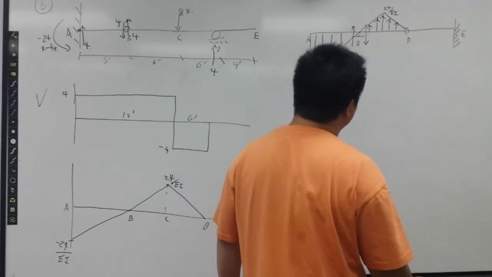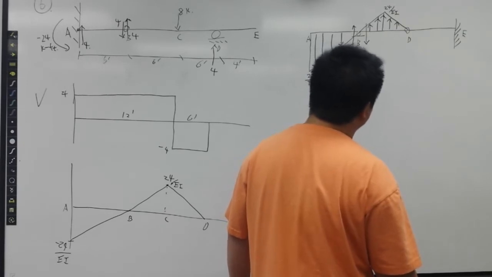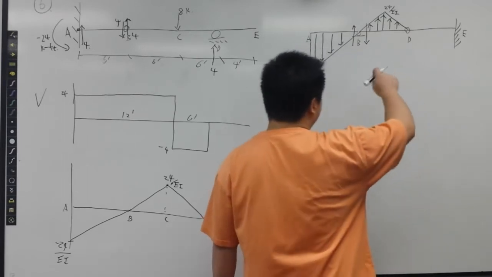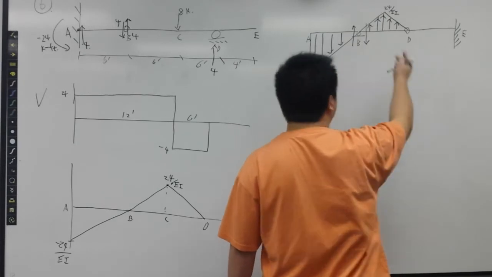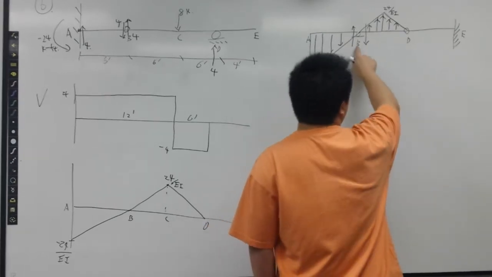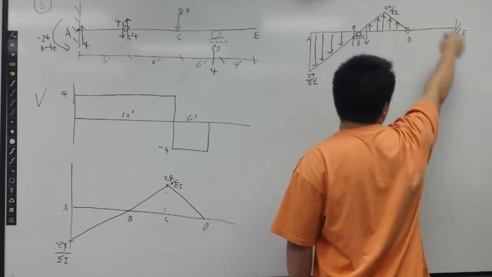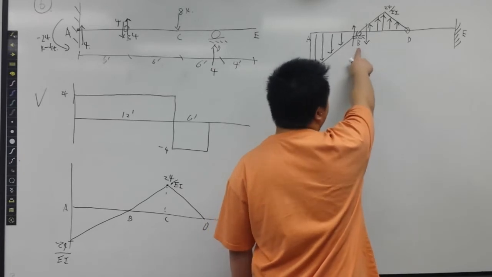Or maybe we can just do this. So we have to find the reactions. This one is a roller. This one is a hinge. This one is support.